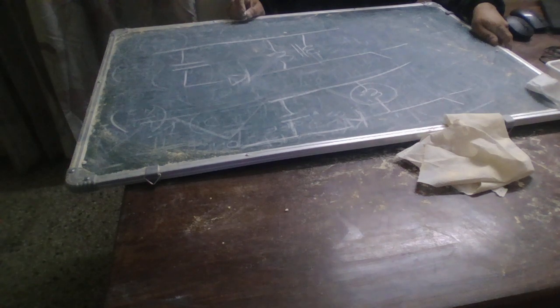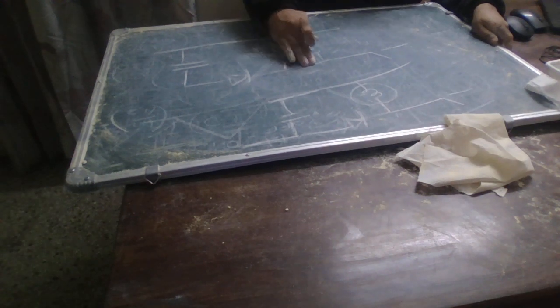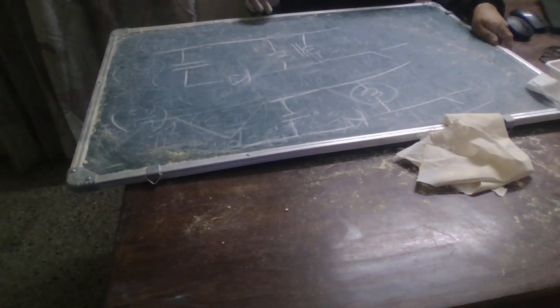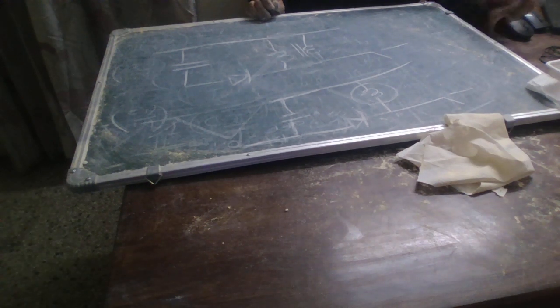Now here I can very easily remove this line and say that the windings are isolated now.